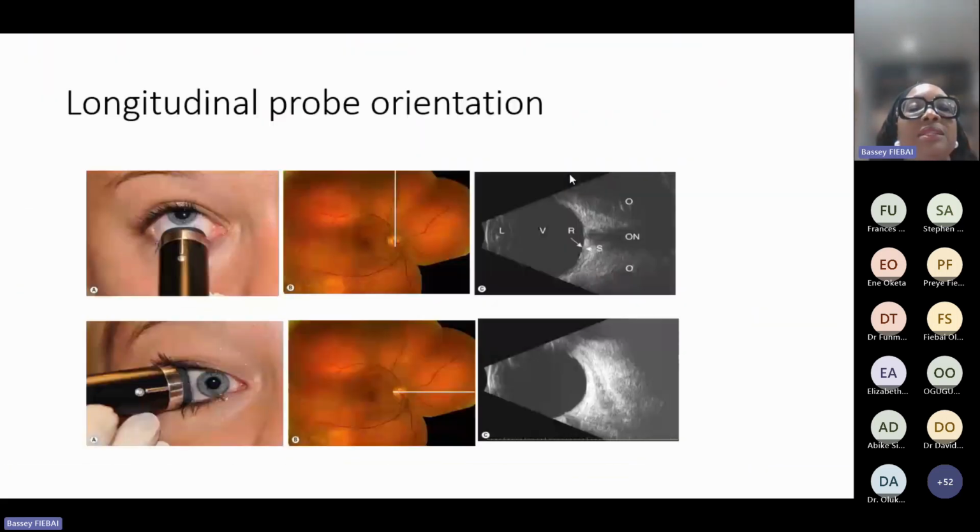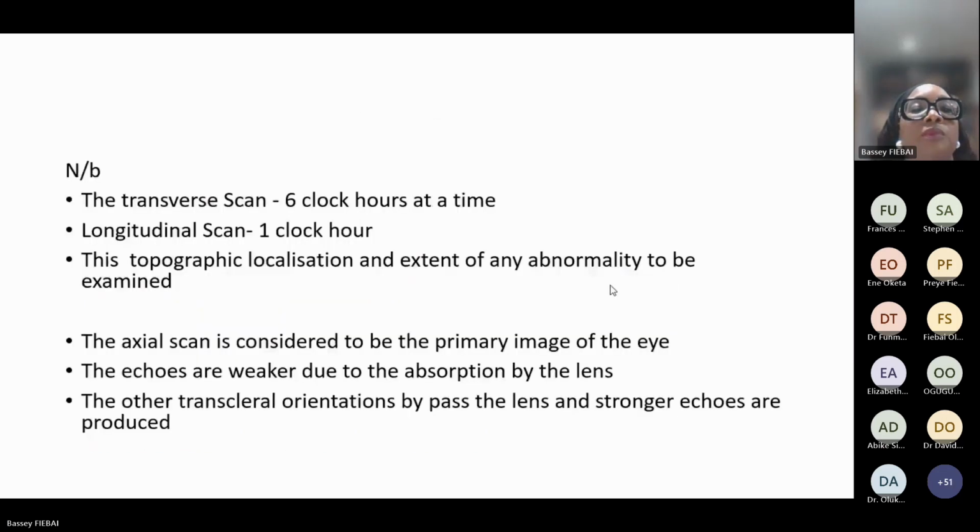So for the longitudinal scan, the probe will be placed perpendicular, and this can only scan 1 clock hour, but it's good when you're trying to study the extent of a tumor or a tear. So the important thing to note is that the axial scan is usually done in the primary position of gaze.